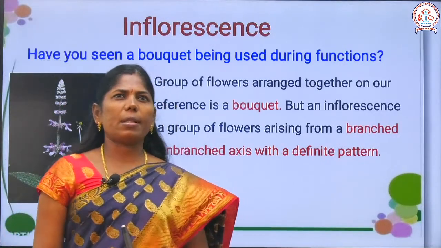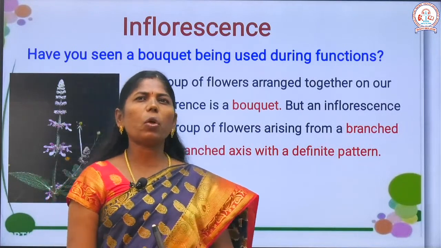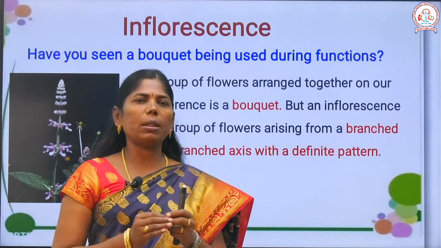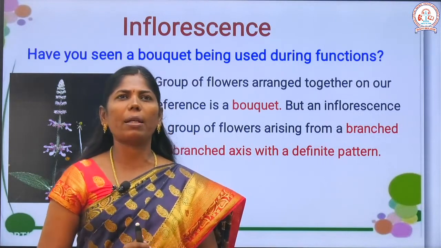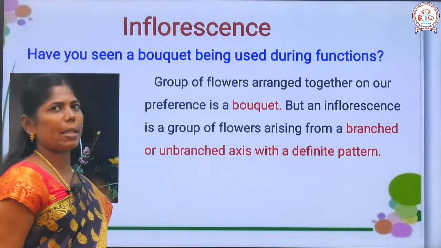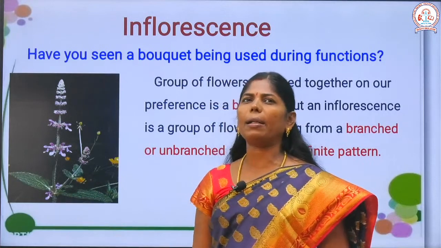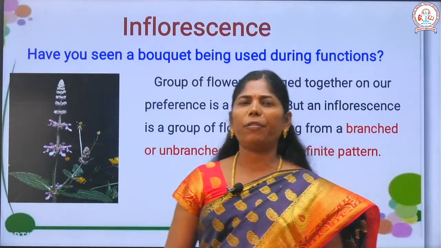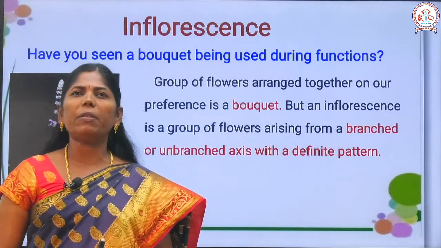Inflorescence, have you seen a bouquet being used during functions? A group of flowers arranged together on the main axis, and that main axis is called the rachis or peduncle. So, this is the inflorescence. In a bouquet, a group of flowers is arranged according to our preference.